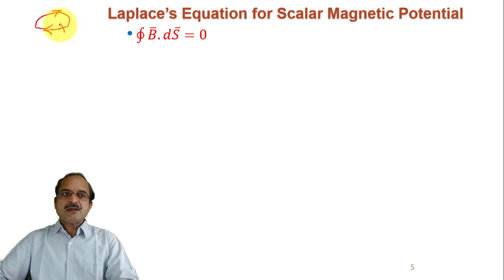If I consider some area, the flux entering inside this closed surface is equal to the flux leaving this closed surface. Based on this, we have written this equation earlier as surface integral B dot ds is equal to 0. Or in other words, the single magnetic pole does not exist. That is the significance of this equation.